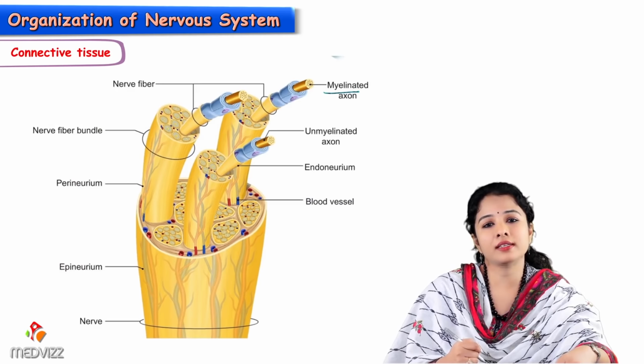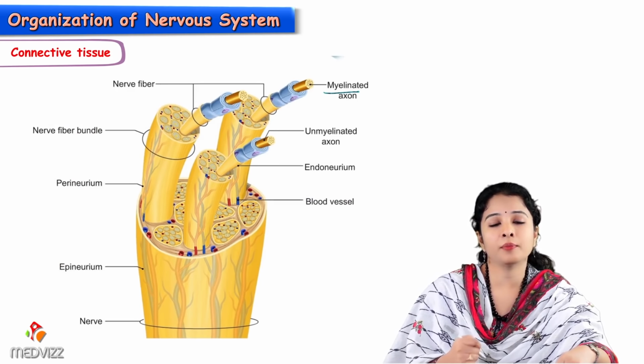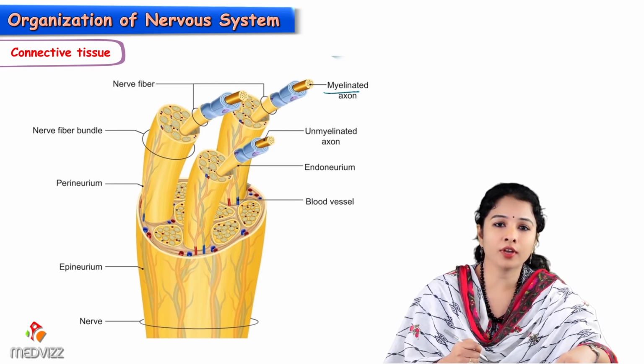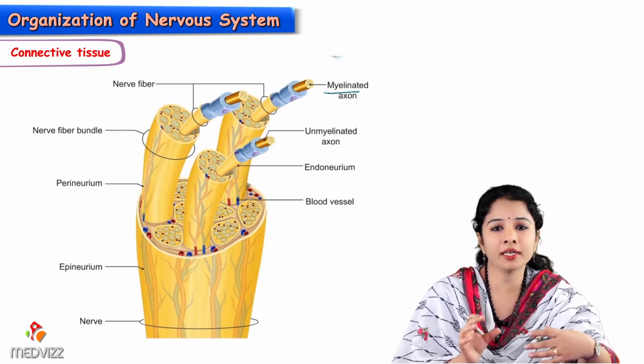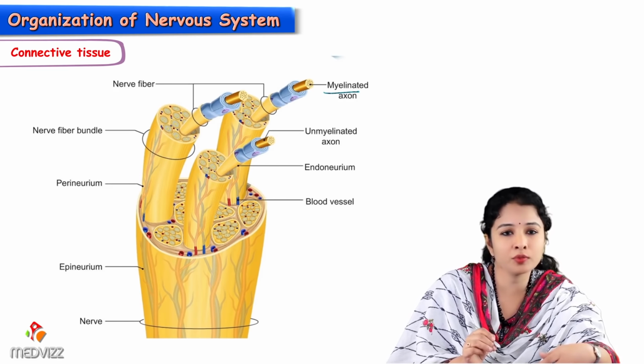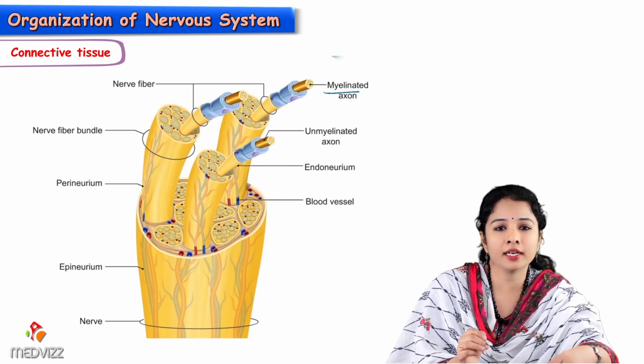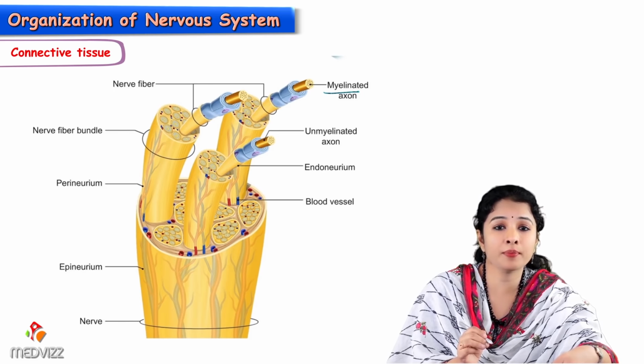Apart from neuroglial cells and neurons, the peripheral nerve also consists of connective tissue, which covers the complete nerve bundles. The outermost layer is the dense connective tissue called epineurium.